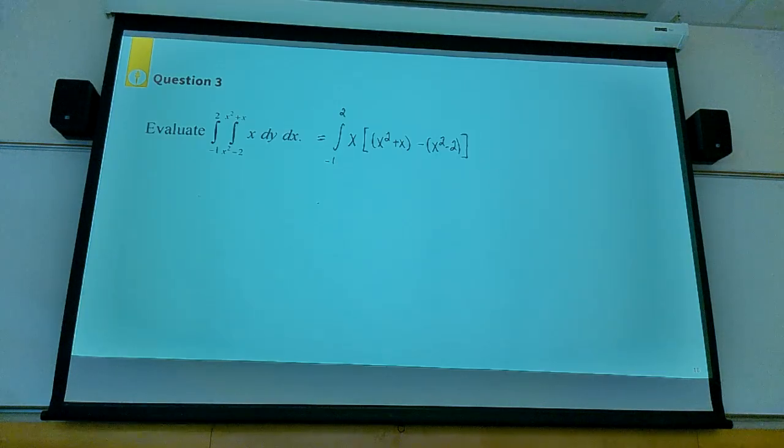And I don't need that. X squared minus x squared is 0. We're left with x plus 2. And then distribute that x through.